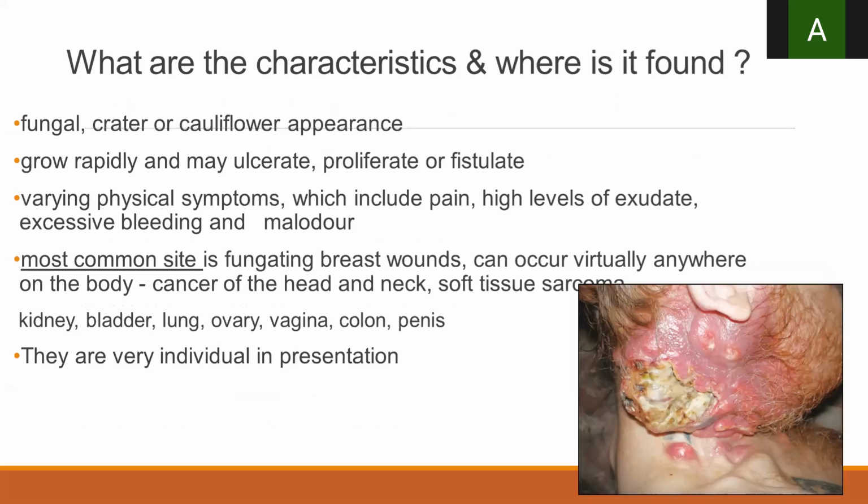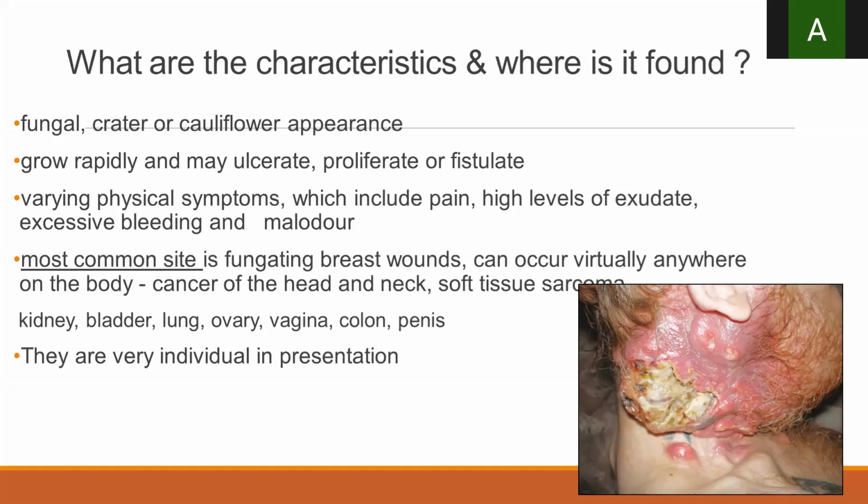So what are the characteristics and where is it found? It will have a fungal appearance. It may be white, it may be other colors also. It will look like a crater. The superficial surface will be very wet. The appearance will be that of a cauliflower.